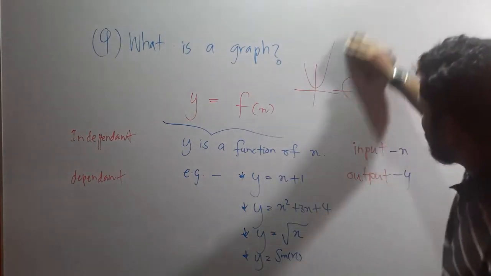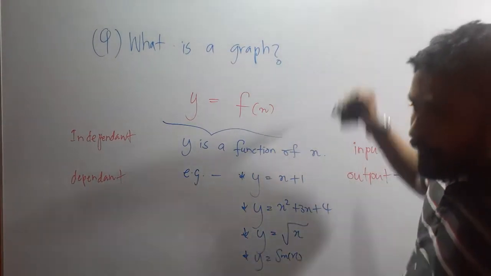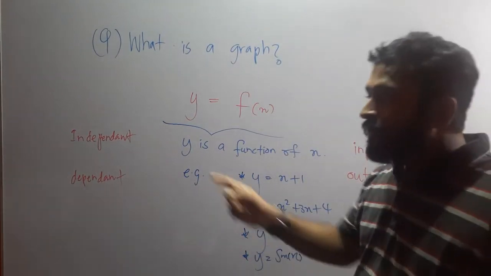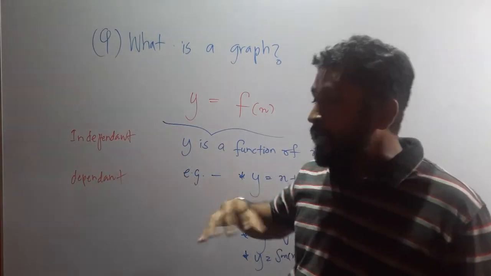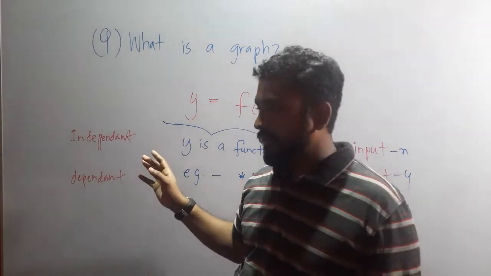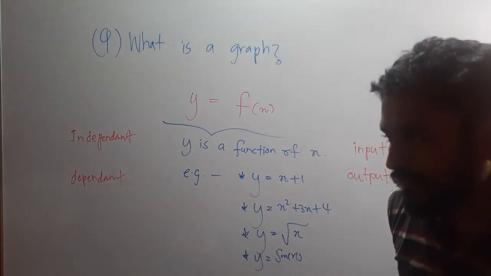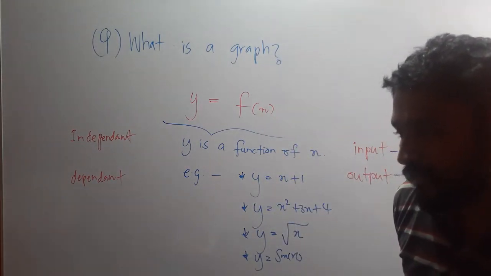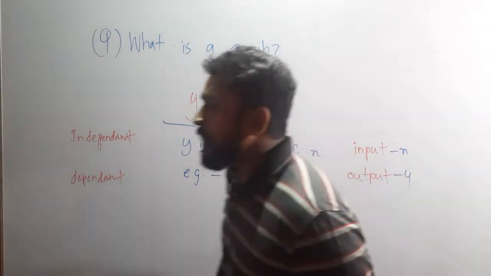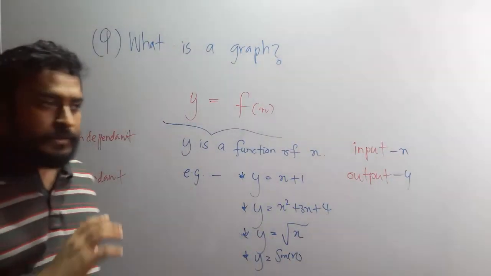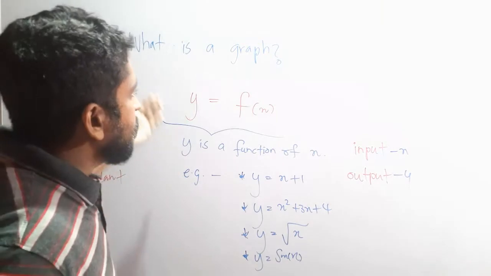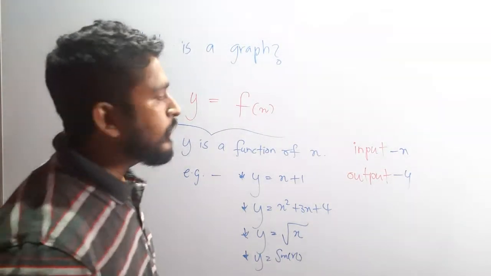So we are only doing y is a function of x type functions. In this way, I can make you understand better. Y is dependent on x. X is independent. Yes. So to plot the graph, actually the main question is what is a graph?